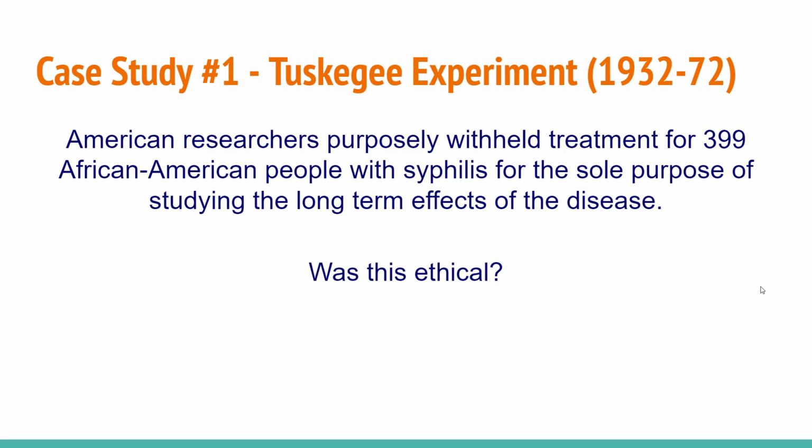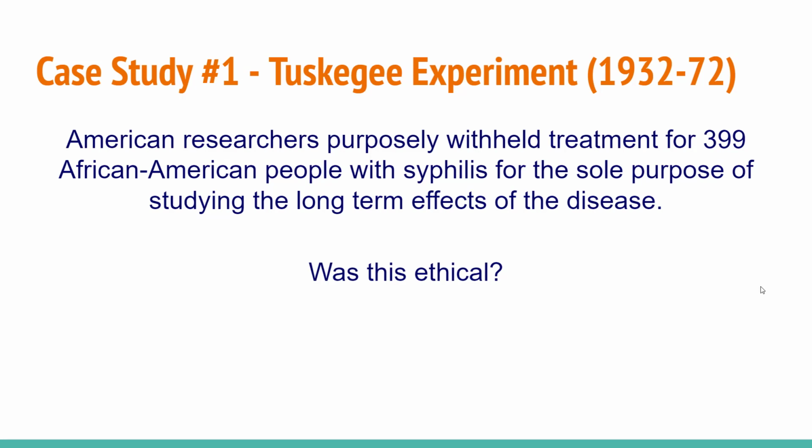One of the classic case studies is the Tuskegee experiment that really started to set precedents about ethical research projects. This was a long-term study where American researchers actually withheld treatment from African American people that had syphilis.